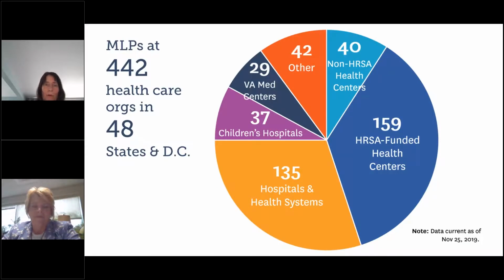So there are about 440 plus healthcare organizations around the country that are engaged in medical legal partnership activities. You can see more than 10% of HRSA-funded health centers are our biggest piece of the pie there, which really makes sense because community-based public interest legal services are seeking to serve the same target population, low-income Americans who are struggling with a variety of different issues.